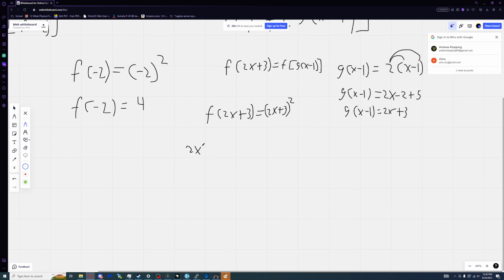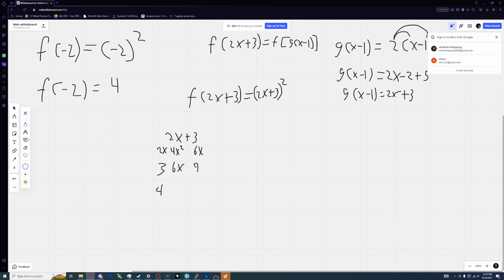So 2x plus 3, 2x, 3, gives us 9, 4x squared, 6x, and 6x. Adding all that together, we get 4x squared plus 12x plus 9.